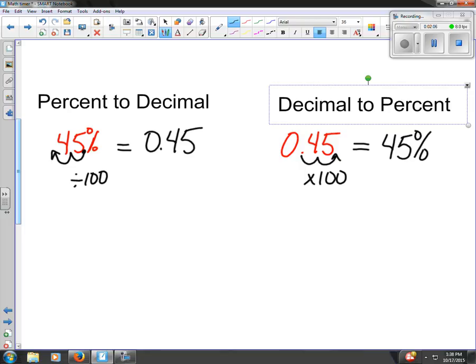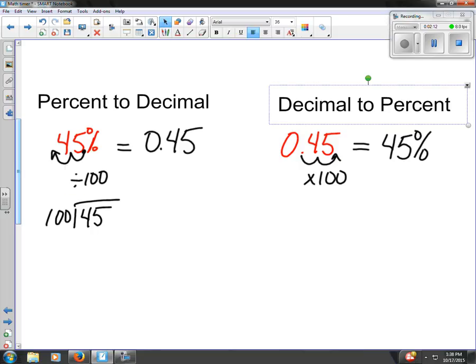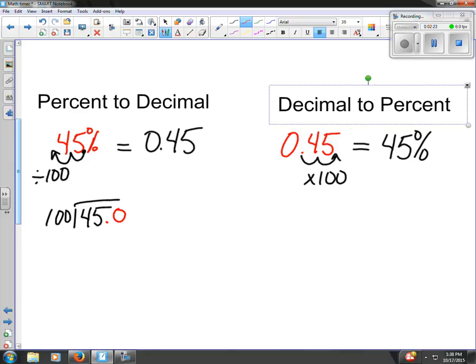If I take 45 and I divide by 100, I can show you how this works out. I'm just going to move this to the side a little bit. Obviously, I can't do 100 into 45, so I do have to add zeros here.